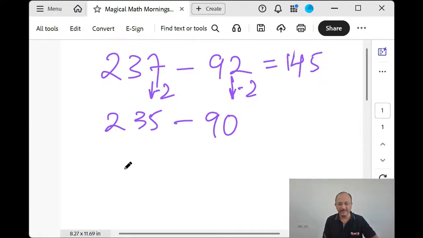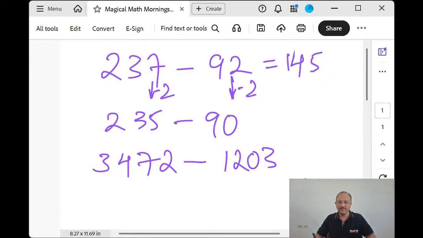Maybe let's take a little bigger number. Maybe let's consider 3472 minus 1200. We'll take 1203. Let's take it.